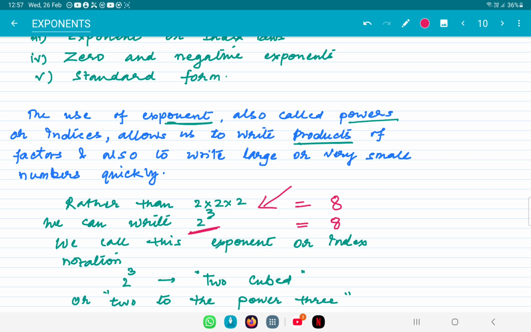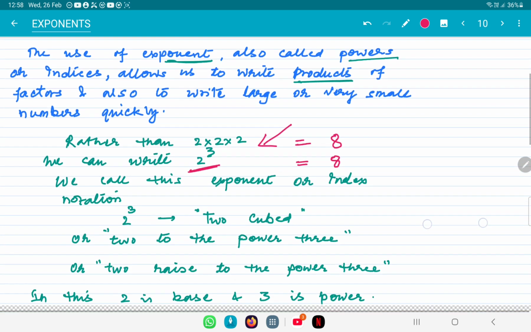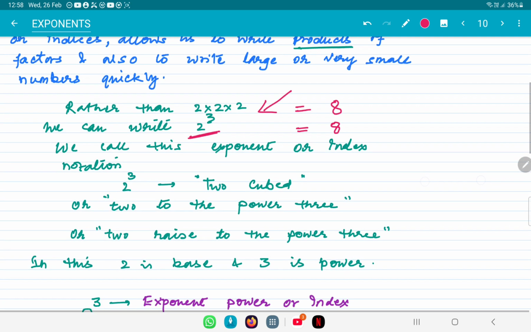Again I come to the definition. The use of exponents, also called powers or indices, allows us to write products of factors and also to write large or very small numbers quickly. Here we are seeing 2 raised to the power 3, or any other number can also be written in this form.